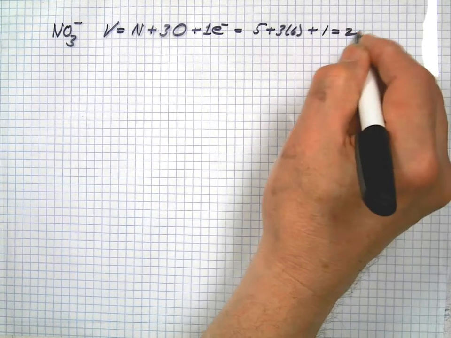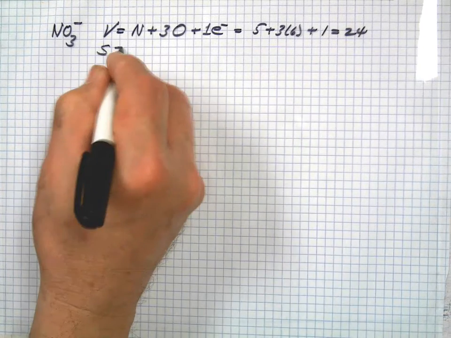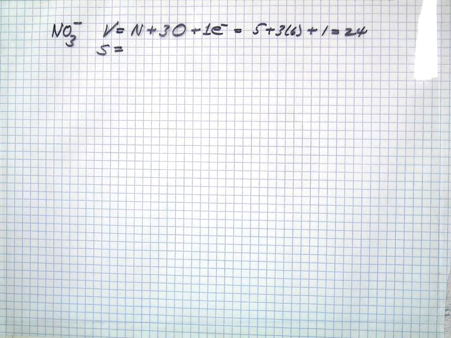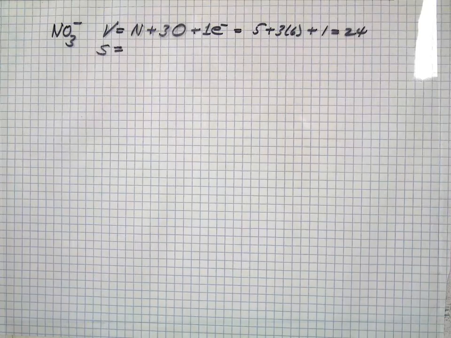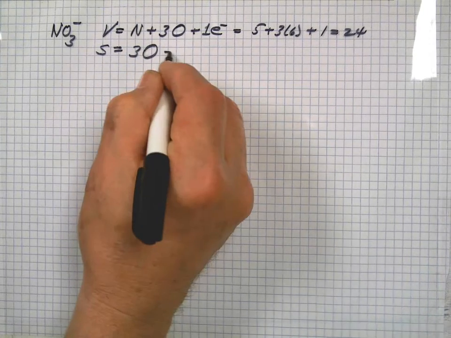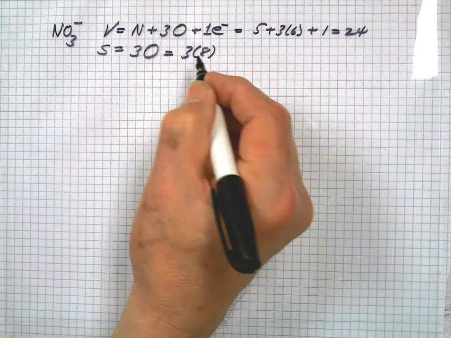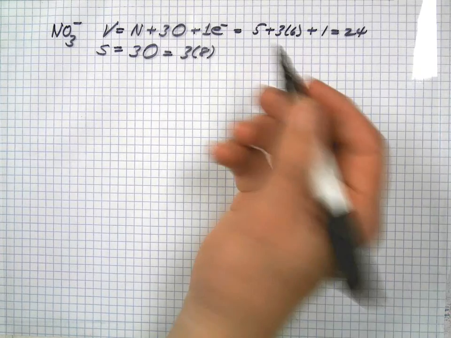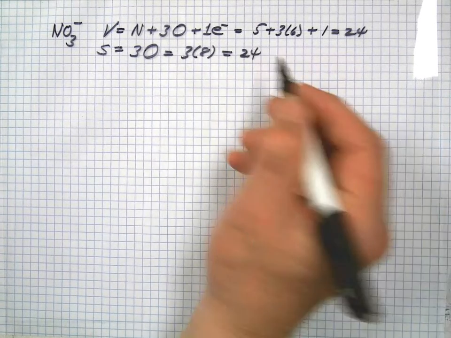For the substrate number, remember, you do not add or subtract electrons to the substrate. It is based only on a full shell. So it's 3 oxygens, which is 3 times 8, which is 24.